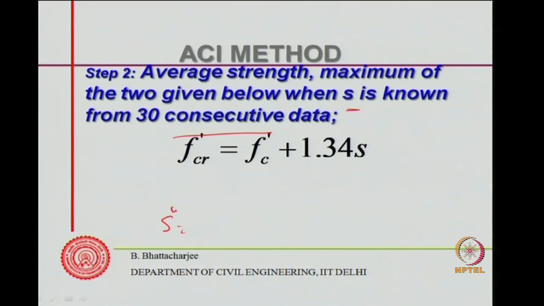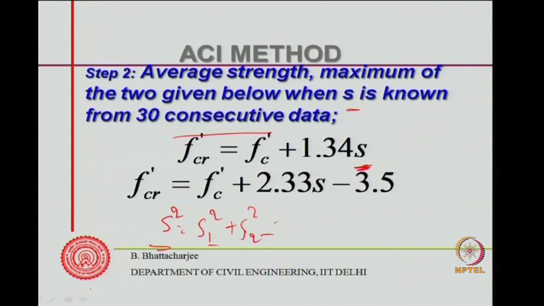S square can be written as S1 square plus S2 square, right. So, S2 15 set of data if you have available. So, that S is known to you. So, when you know S, you find out the strength as maximum of the two given below, that means either of this or this.